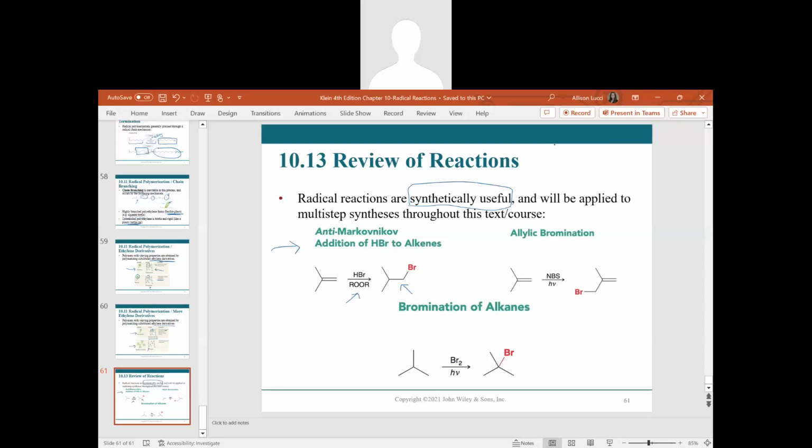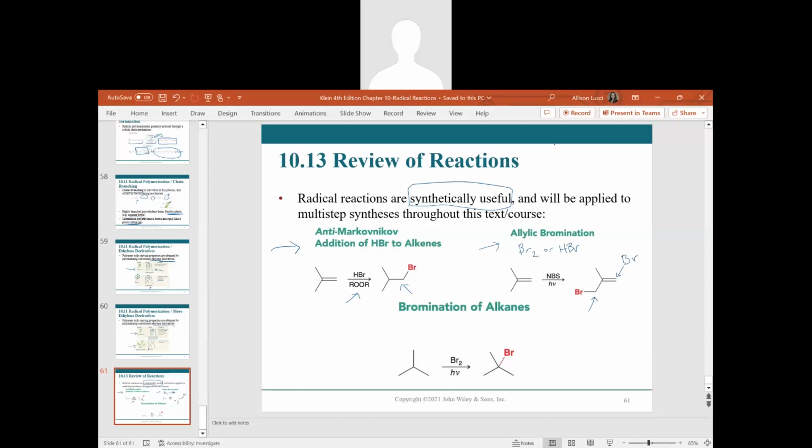Then we saw allylic bromination as well in this chapter, where N-bromosuccinimide was used to keep the bromine, Br2 or HBr, levels low in solution, so then we can have a more selective bromination of the allylic site here, as far as that versus bromination on the other side, right?